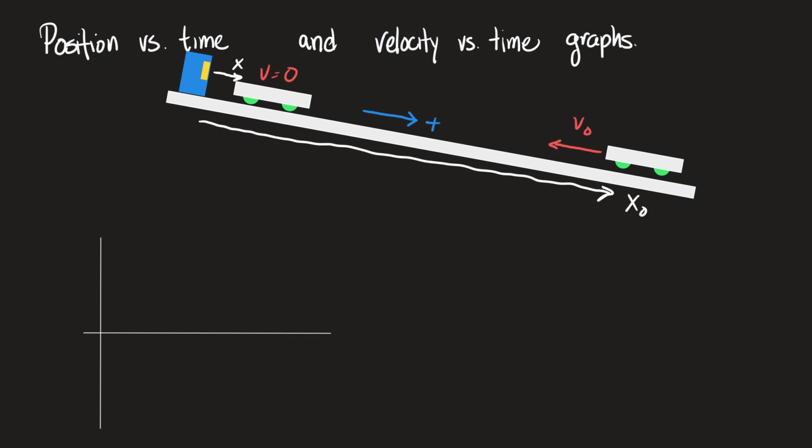So let's first consider how we would draw a position versus time graph. So I'm going to write out the word position here because all axes have to be labeled with units. So there we go. And our origin represents 0 on the position graph and 0 on the time graph.